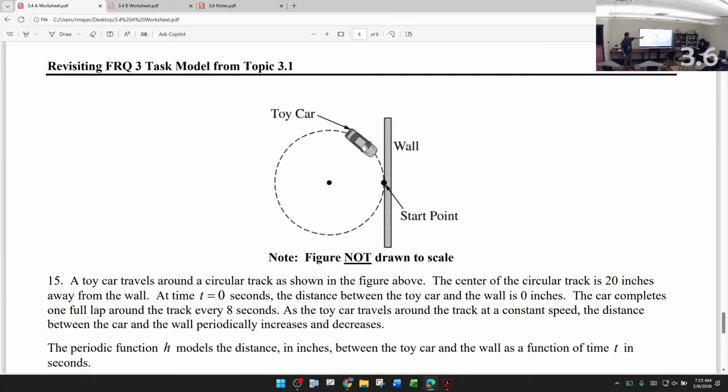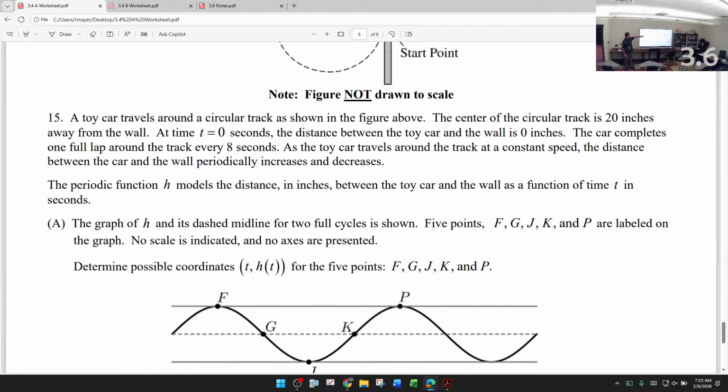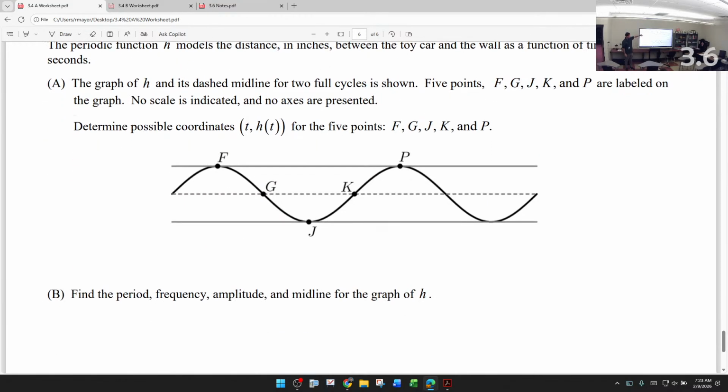Then we had a free response part of it, right? You're going to see it on the AP exam, on this exam, on the next exam, and on a quiz. They'll use F, G, J, K, P, and I don't know why they use those letters, but that's what they use.